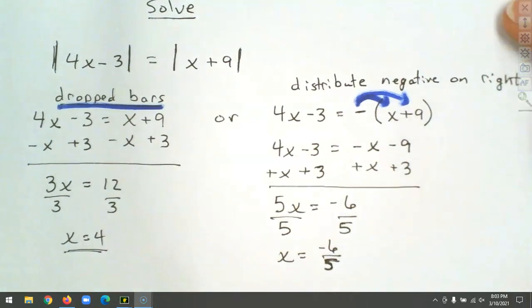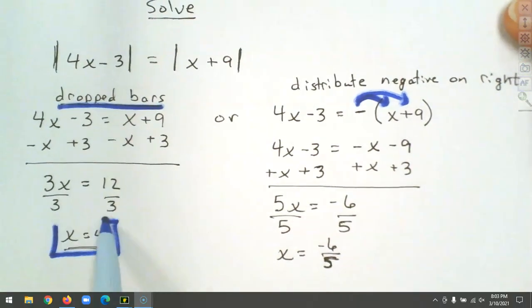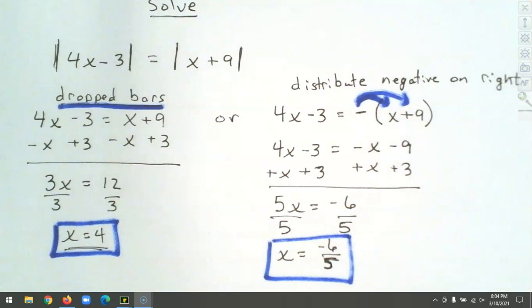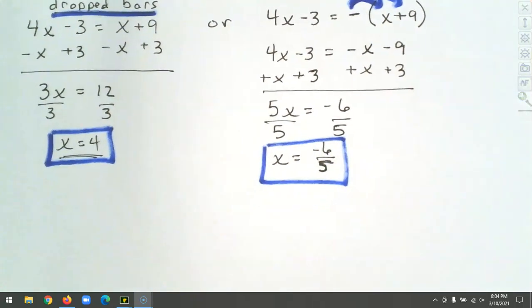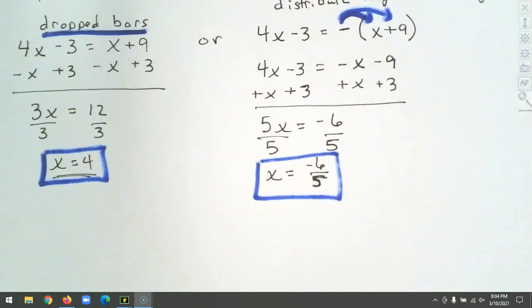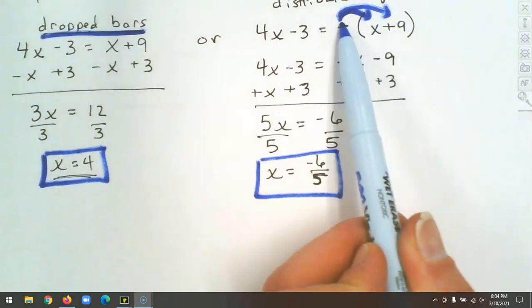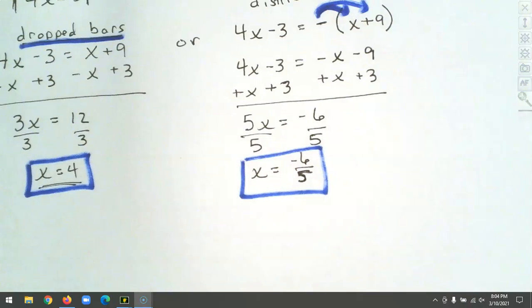So we have our two answers for this absolute value. We've got 4 and we've got minus 6 fifths. But what's the key takeaway here? When we work with the right-hand side, we have to distribute that negative through.